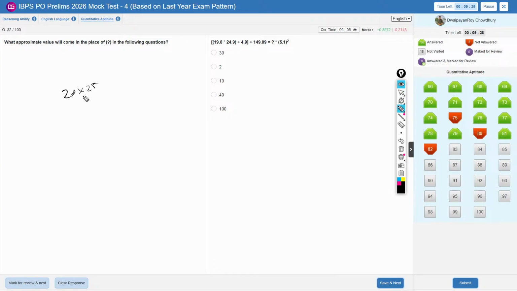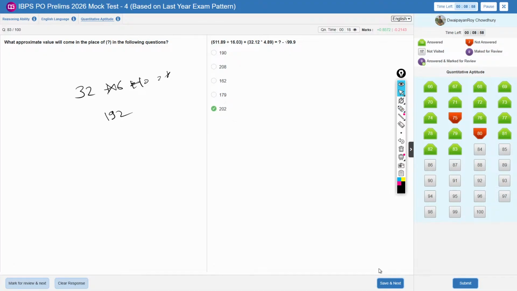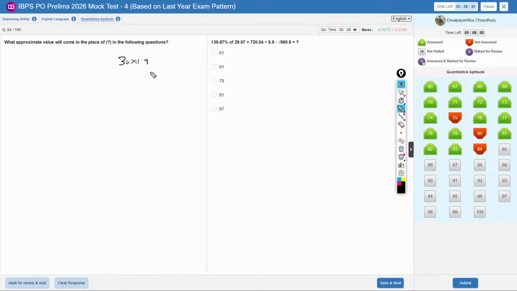So 20 into 25 by 5, so 500 plus, so 250 is equal to 10 times 25, then it is going to be 3 times, then again 3, 2 times plus, so 32 times 6 is equal to plus 10 is equal to x, so it's 192, so 202, so 30 into 1.4, 12, so 42 plus 980 minus 31, 1191, 110 minus 15 plus 45 into 290, so 95, 185.